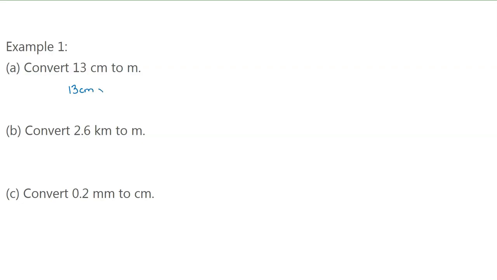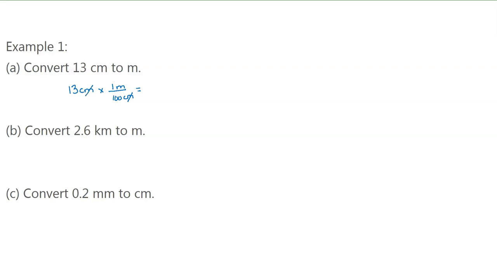So we're going to multiply by a fraction. We just learned on the previous slide that 1 meter was equal to 100 centimeters. So if I write as a fraction 1 meter over 100 centimeters, I'm essentially multiplying 13 by 1. So I'm not actually changing the quantity here. Now I'm multiplying by 1 meter over 100 centimeters because I want the centimeters to cancel.